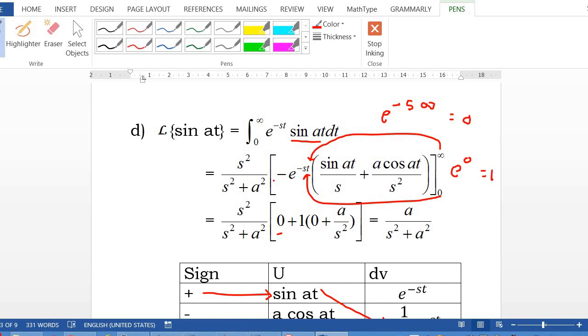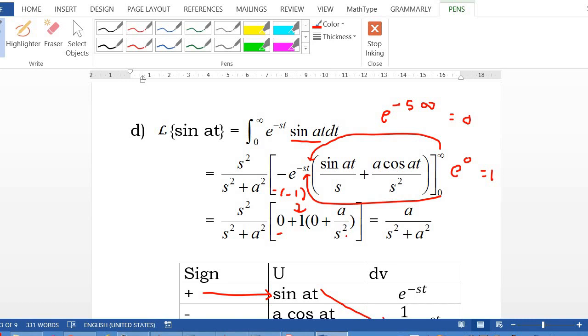And then remember we subtract the substitution of the lower limit. So minus with -1, you get +1. Later on, when t equals 0, sin 0 is 0 and cos 0 is 1.